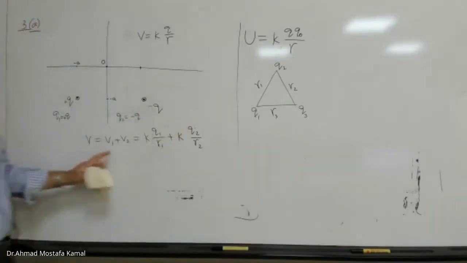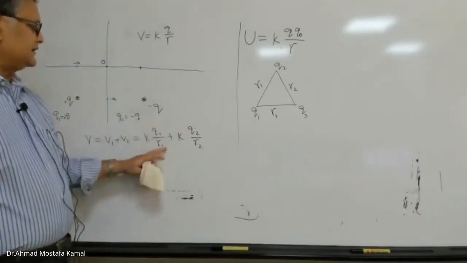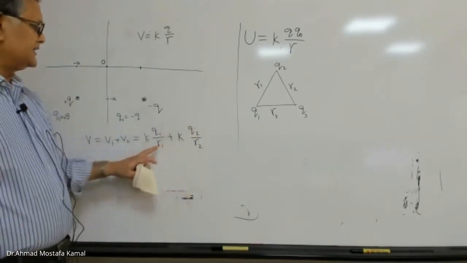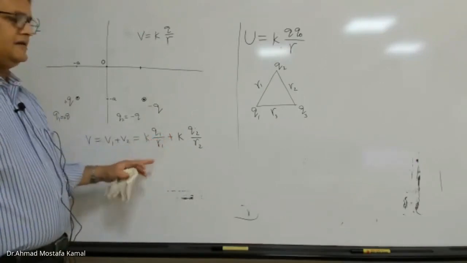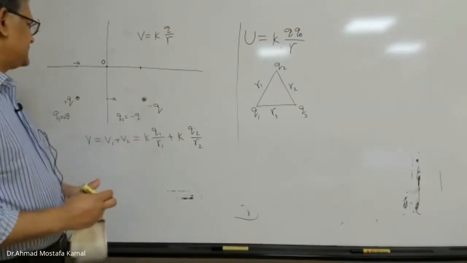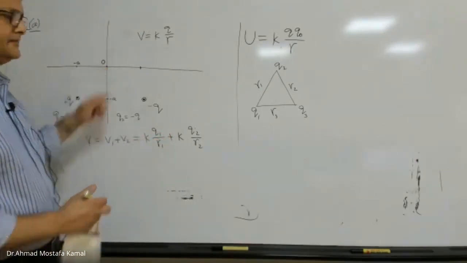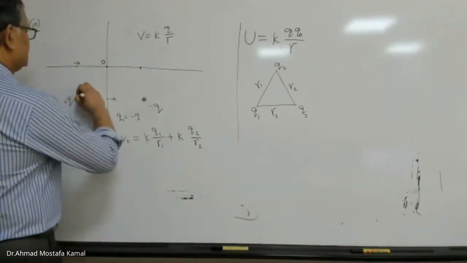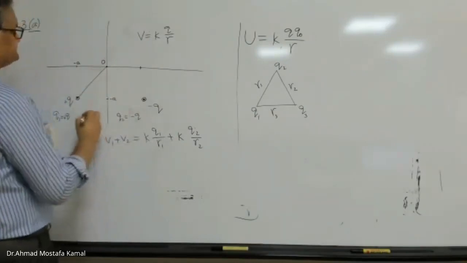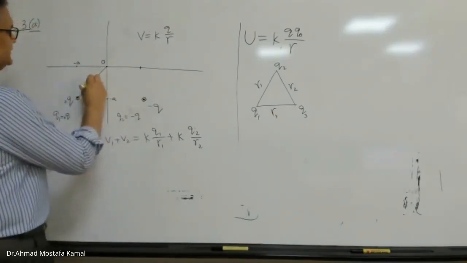Now, in this expression, it's K Q1 by R1, K Q2 by R2. We need R1 and R2. So what is R1 and R2? Like electric field, it is the distance between the charge and the point of calculation. So for first charge, the distance is this. This is called R1.